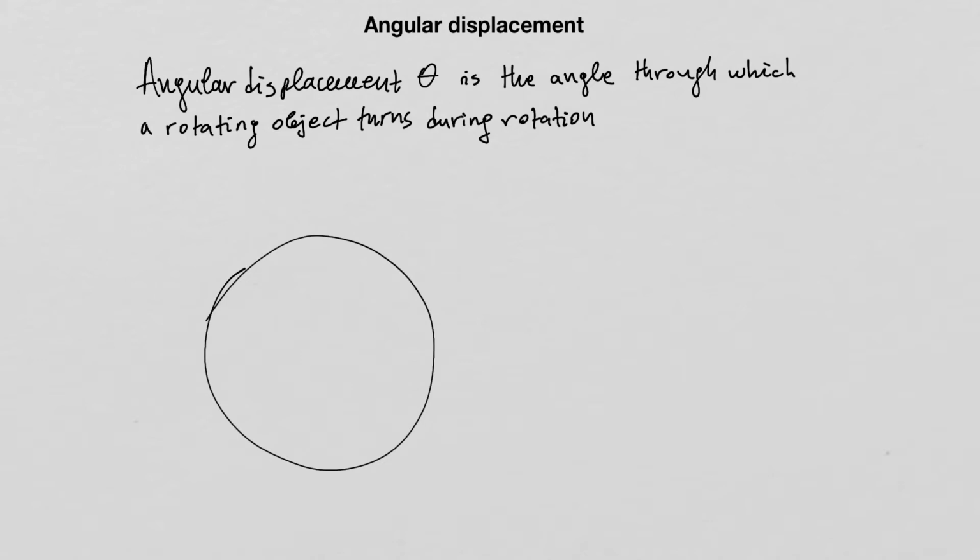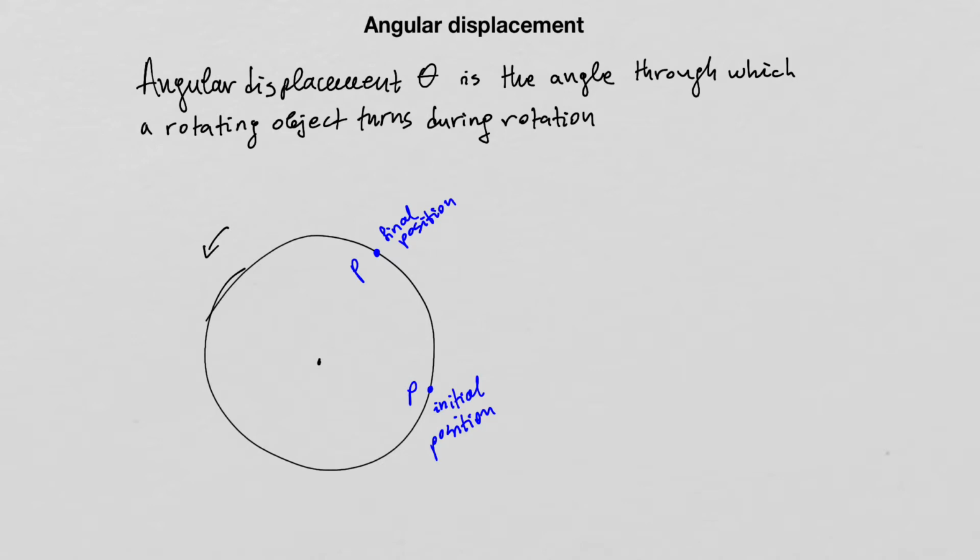So consider this disk, and this is a top view. This disk is going to rotate in the counterclockwise direction, and let's take a point P on the edge of the disk. The point P initially will be at some initial position, and then as the disk rotates, that point P will get to another position which we'll call the final position.